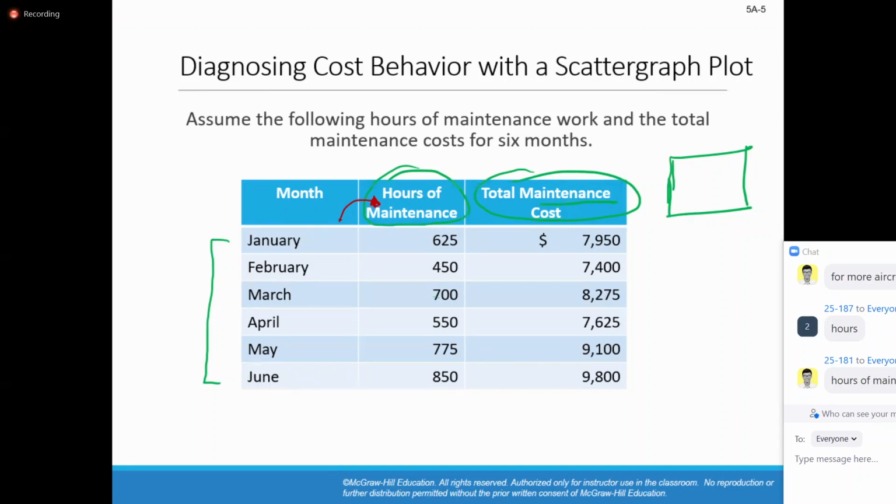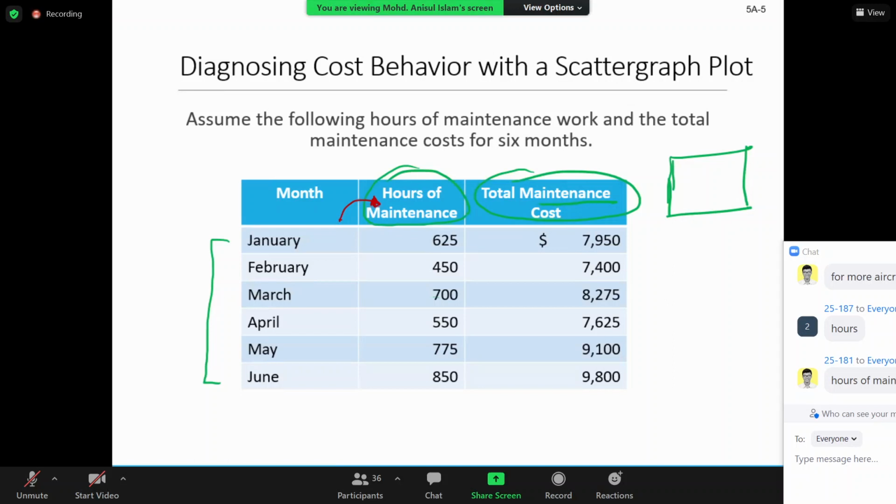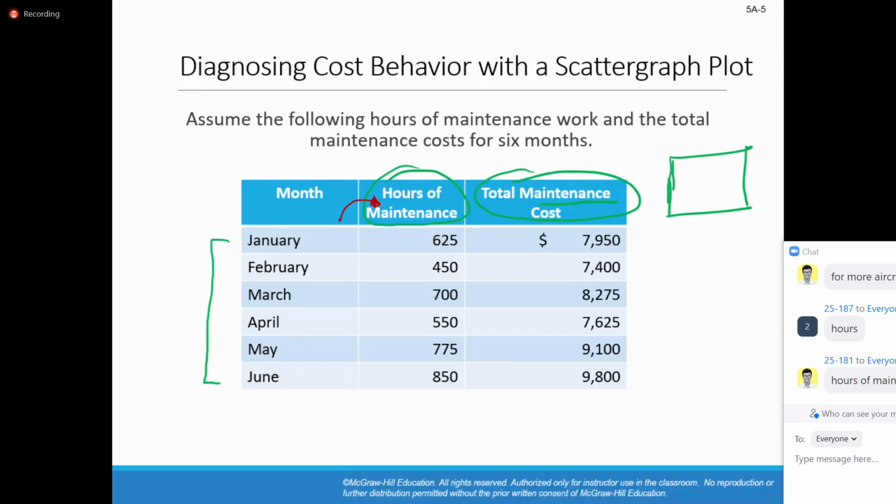So we have understood what kind of information is given to us, right? So we would like to know whether it is possible to plot this relation between the hours of maintenance and the total maintenance cost, and try to identify whether this represents something like a mixed cost or not.